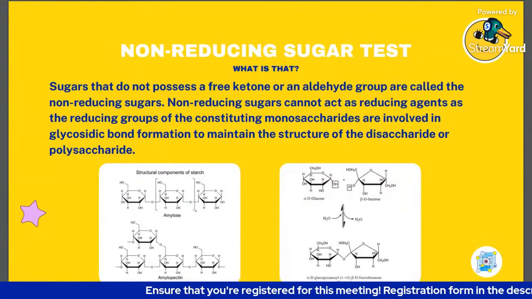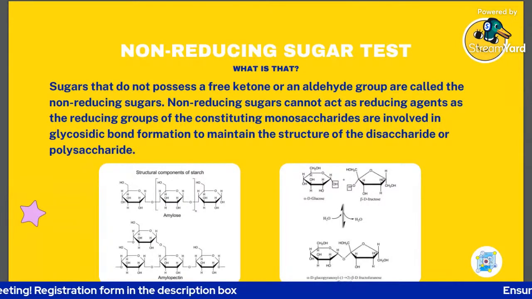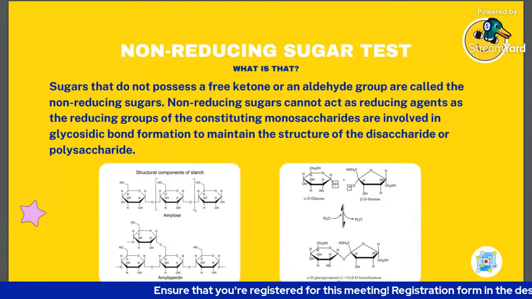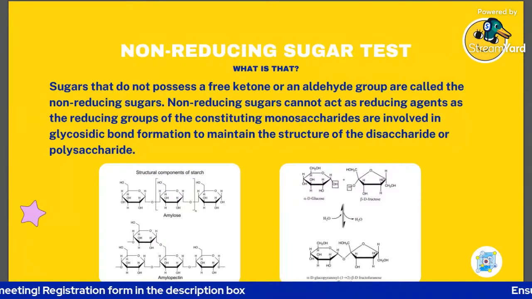So onto the non-reducing sugar test. The non-reducing sugar test is similar to the reducing sugar test. Non-reducing sugars are those that do not have a free ketone or aldehyde group, compared to our reducing sugars, which we know have a free aldehyde or ketone group.